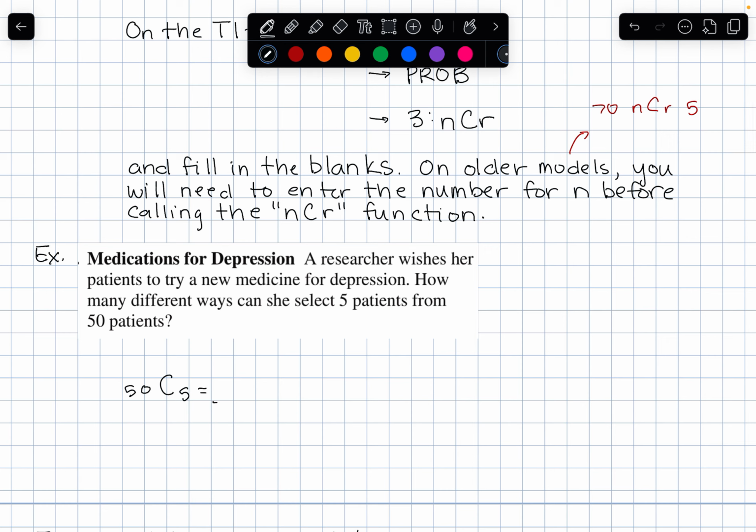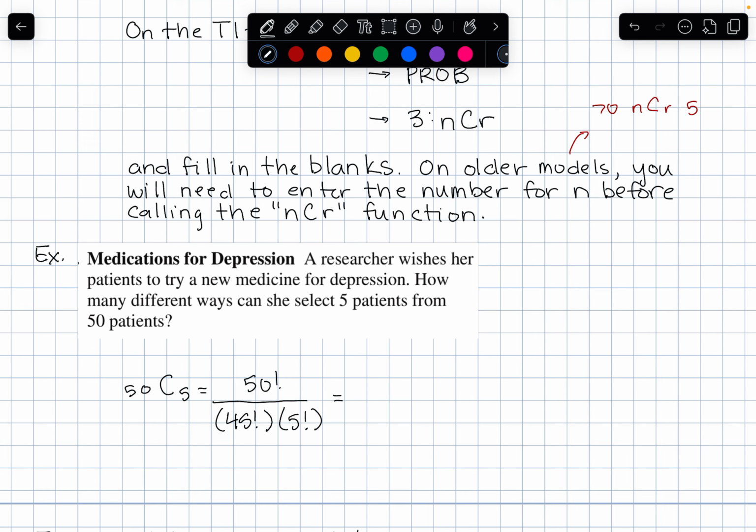So this would be n factorial divided by (n minus r) factorial times r factorial. 50 minus 5 is 45 factorial times 5 factorial. And I'm going to do something pretty cool. I know that 50 factorial and 45 factorial have all of the numbers that are 45 and less in common.